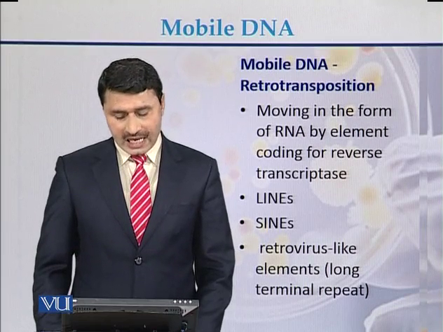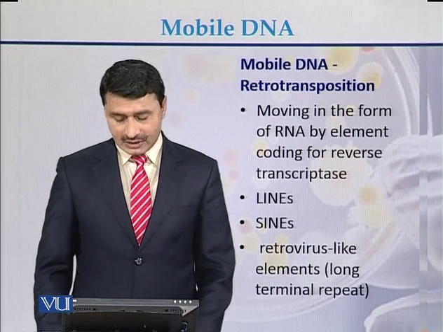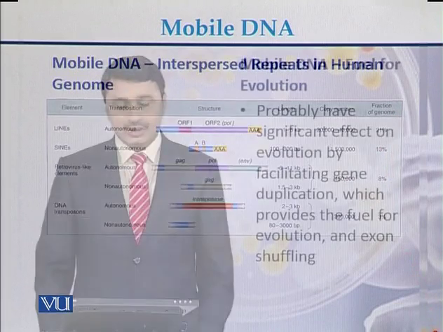The examples are LINEs, SINEs, and retrovirus-like elements with long terminal repeats. This is an example of mobile DNA, which is also called interspersed repeats in the human genome, where we can see LINEs, SINEs, retrovirus-like elements, and DNA transposons, and the percentage of each in the human genome.